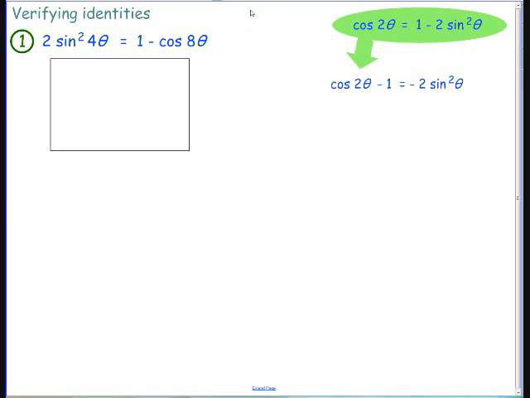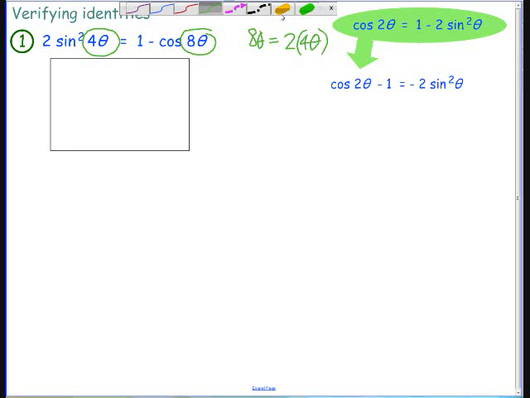Oh, but one of the things I notice, look at this. This one, 8 theta, equals 2 times 4 theta, right? So that's kind of a clue about what we might want to do here.